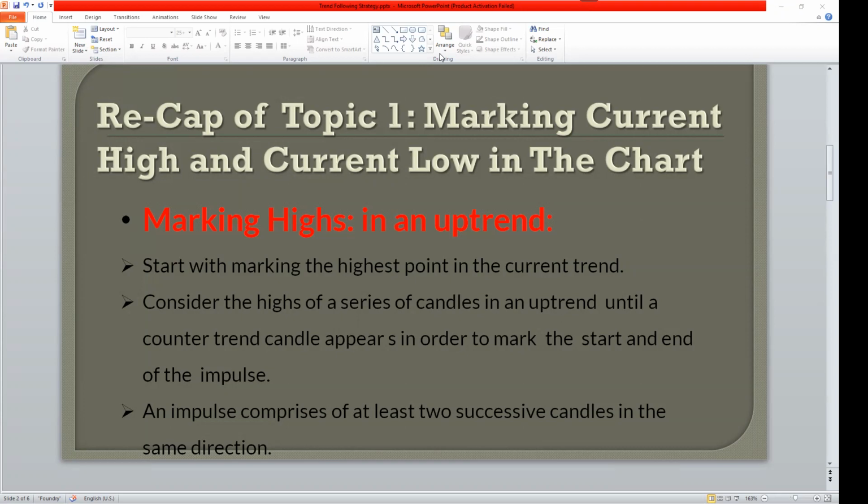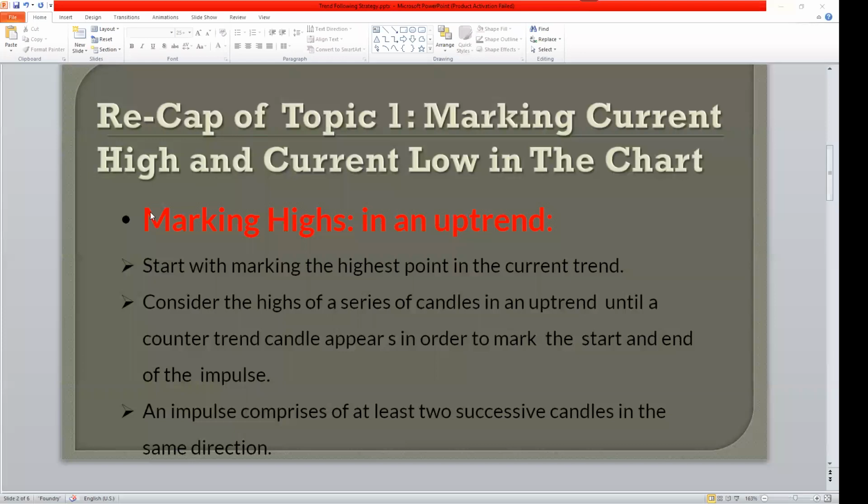That is what we call the current low. Of course, it remains current as at that point in time. As you move on to mark the next high or low, what was current stops being current. Now you establish a new high or low, and that becomes current. That's why you keep moving with the market as it moves, because you keep following it as you mark and establish the highs and the lows.